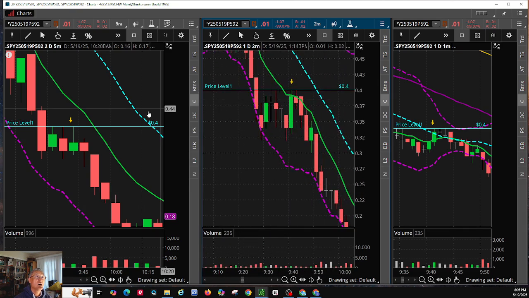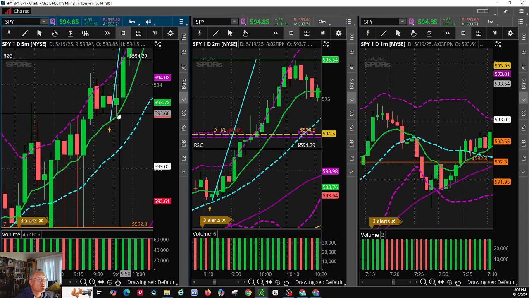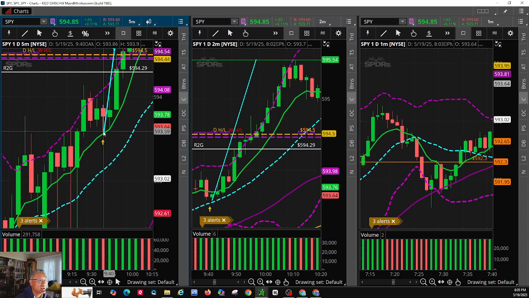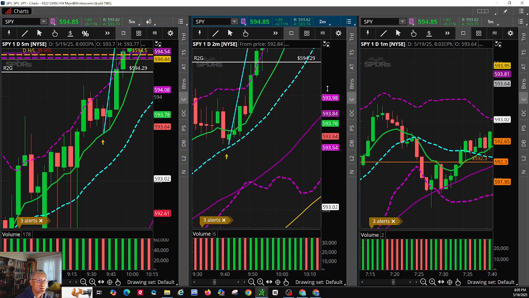You don't really get a good entry here on the 5 minute because these are probably losing value faster. But if you look at SPY itself, you get a perfect entry at green here, and you get a perfect entry at blue here, right here, green and blue.